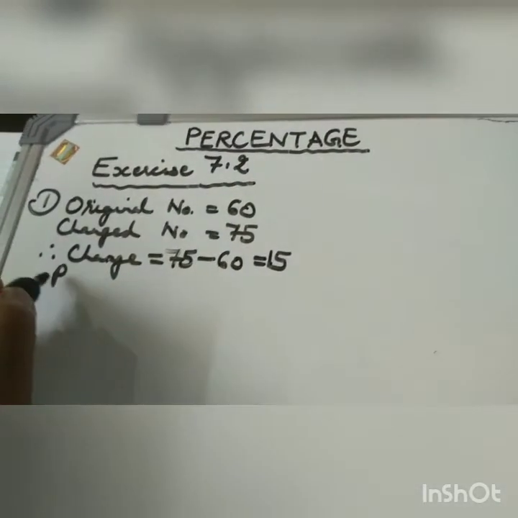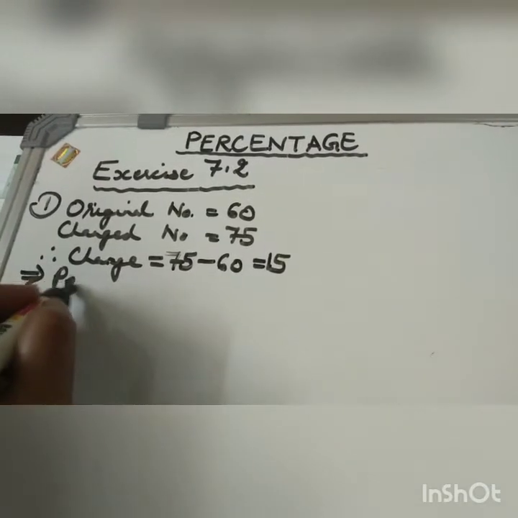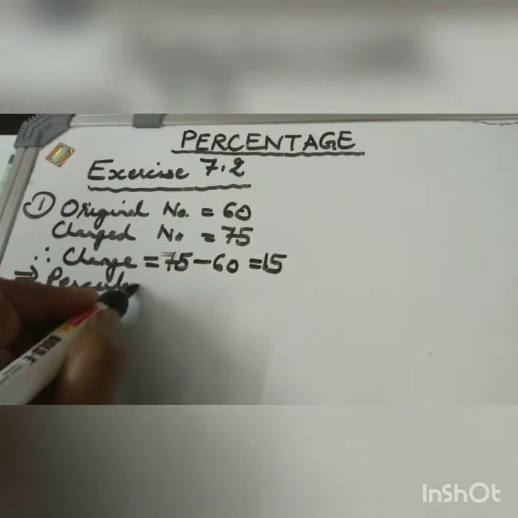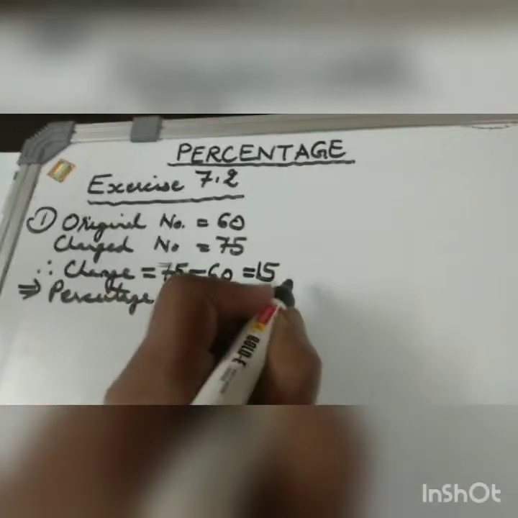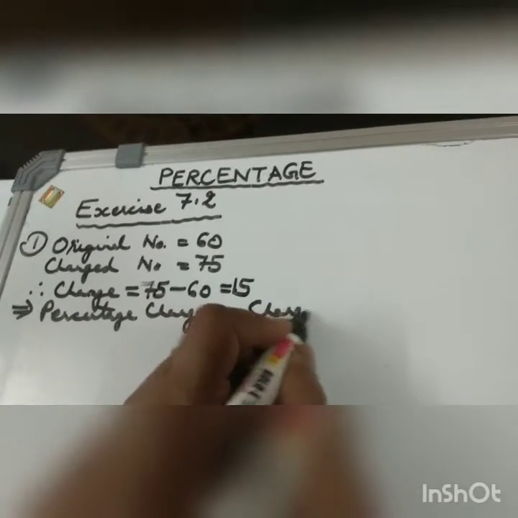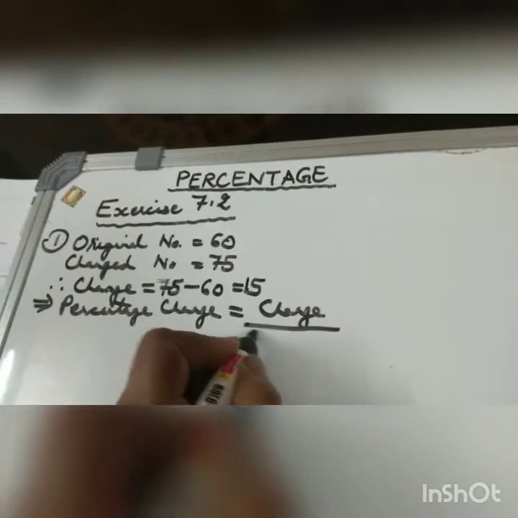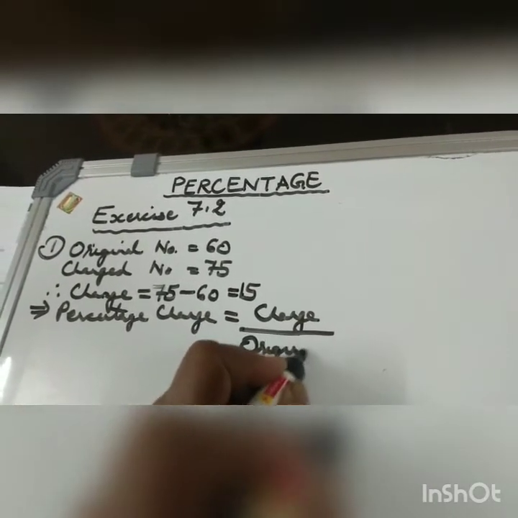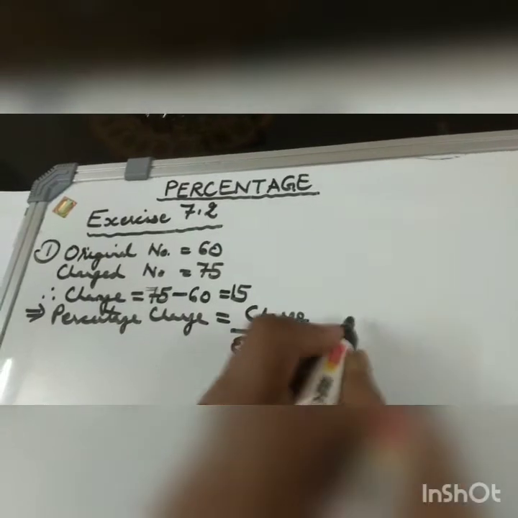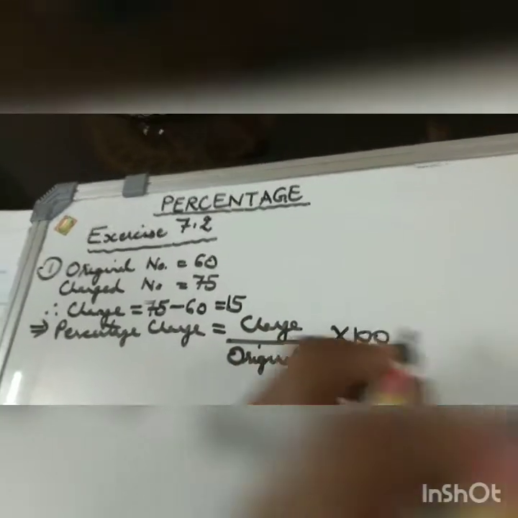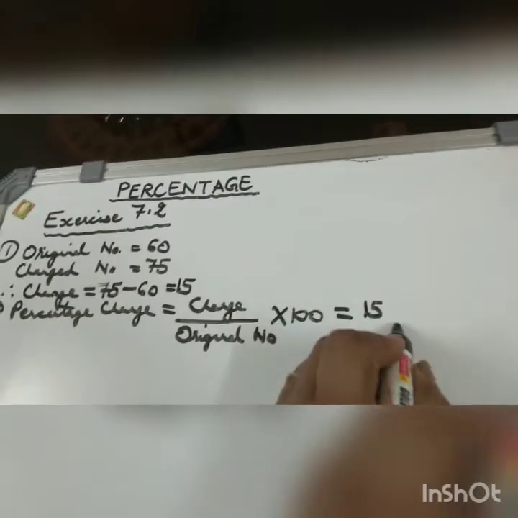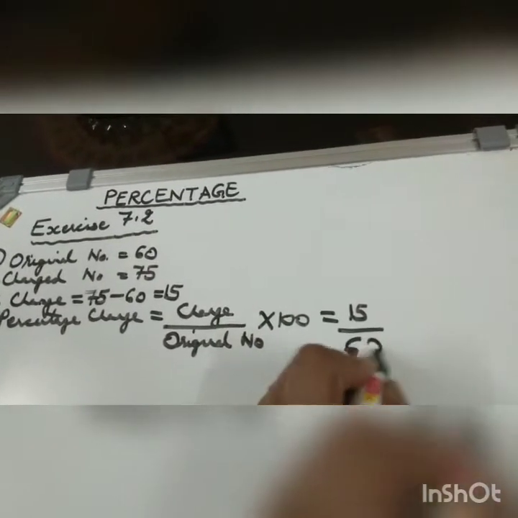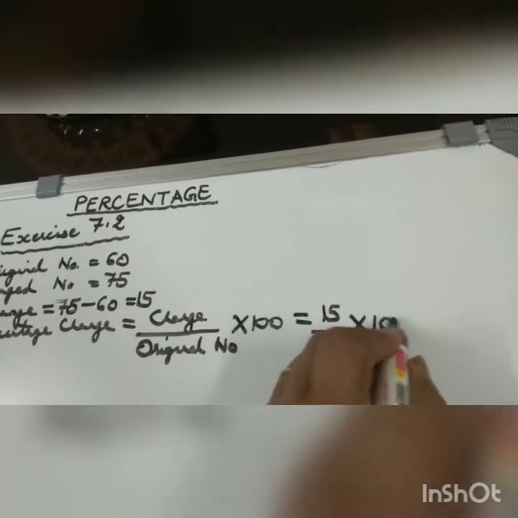Now percentage change you are required to find. The formula for percentage change will be change, whatever increase or decrease, upon the original number into 100. So how much is the change? 15. How much is the original number? 60, into 100.